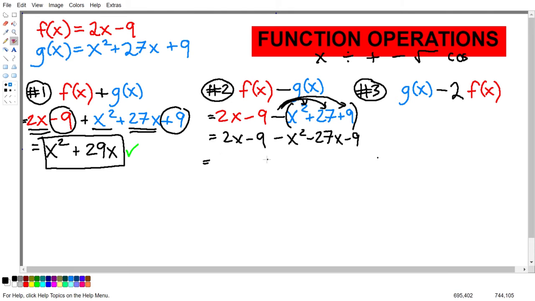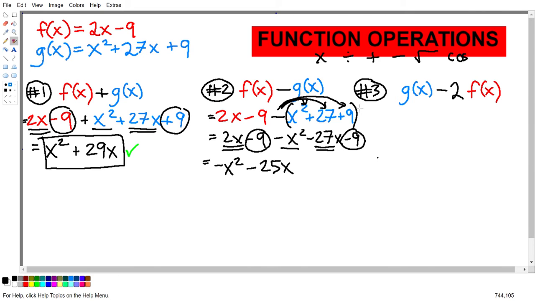Finally, we want to make sure that we write this in the correct order, so including the highest power first. So negative x squared, check. Adding the two x's, 2x minus 27x, right? That'll be negative 25x. And finally, our constant term, negative 9 minus 9.